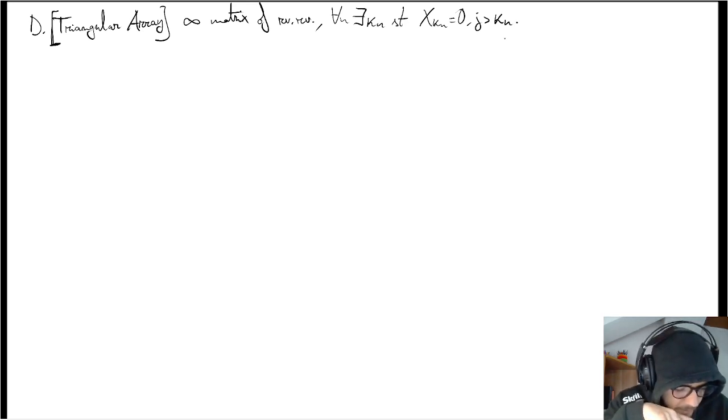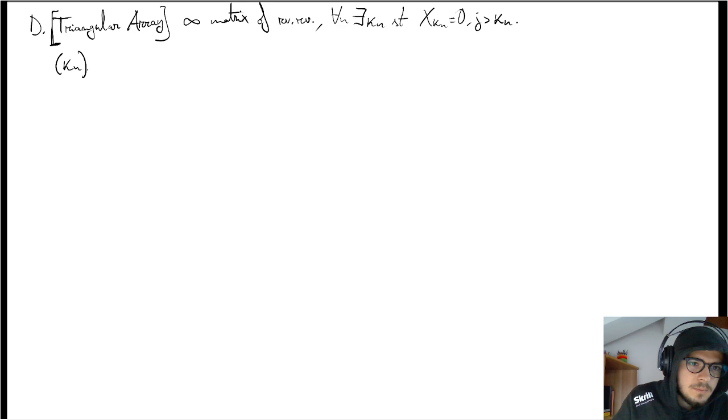So the random variables are 0 for all columns to the right of kn, and the sequence of indices kn is increasing to infinity.